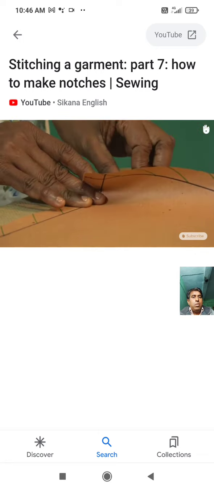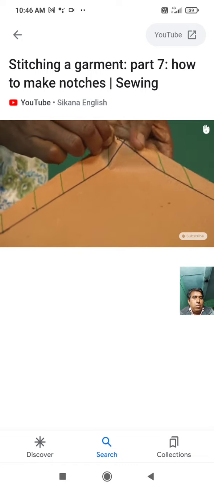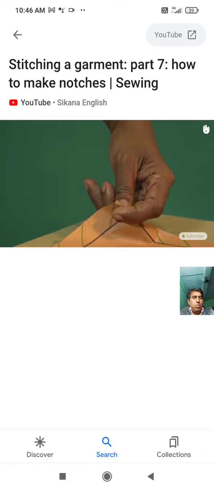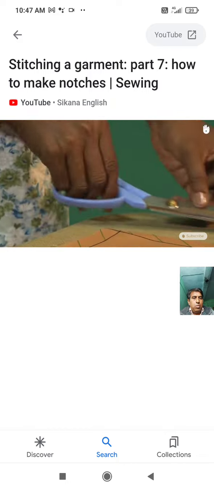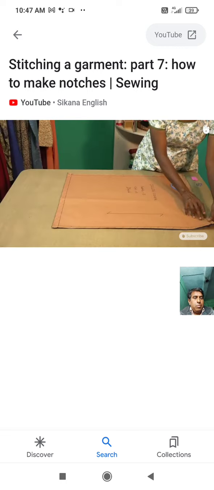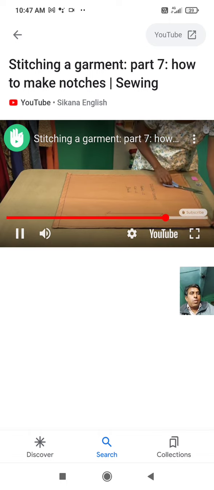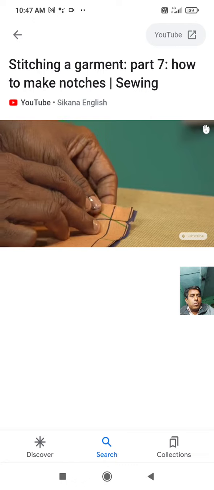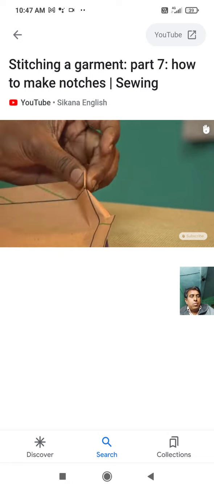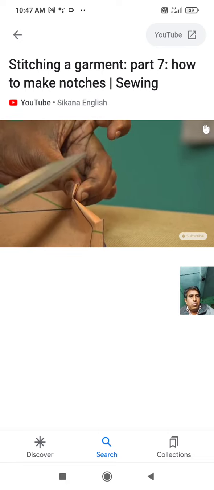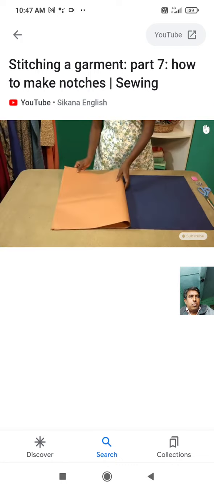Not making notches will lead to confusion during stitching. You have now learned to make notches on the fabric.